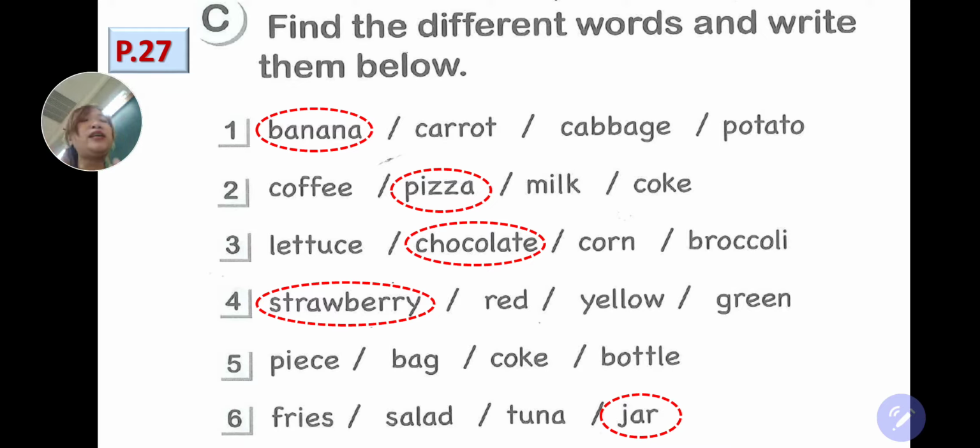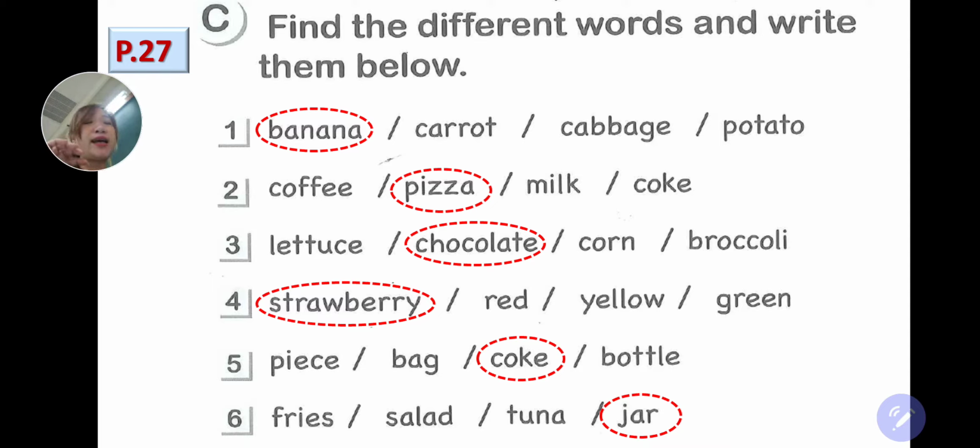And strawberry, it's a fruit. Okay, number 5, piece, bag, Coke, bottle. So you have to circle Coke because Coke you can drink, right? Piece, bag, bottle. They are measure words.